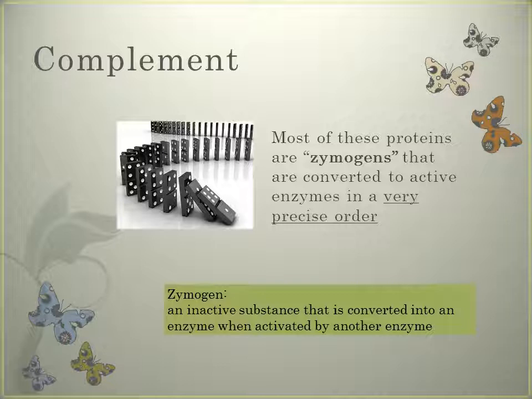Either they're missing a component altogether, or they have it in low numbers, or maybe they have it, but there's something malformed about it. What happens with these individuals is the first part of their cascade may start, but as soon as the cascade gets to the missing domino or the domino that doesn't work, nothing happens from there on. So the dominoes falling in sequence is a good analogy for what goes on when the complement cascade is initiated.